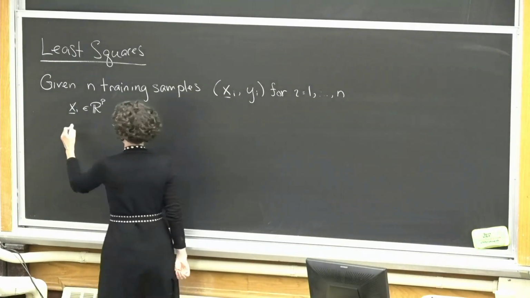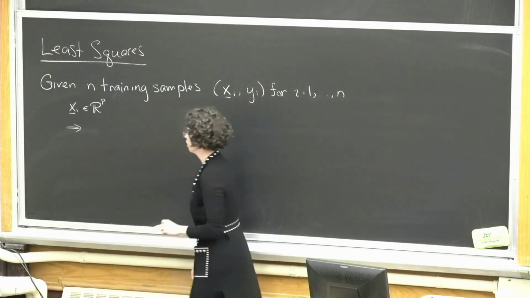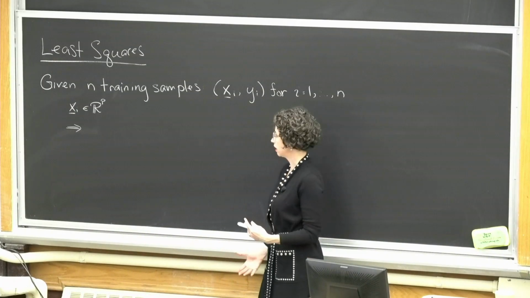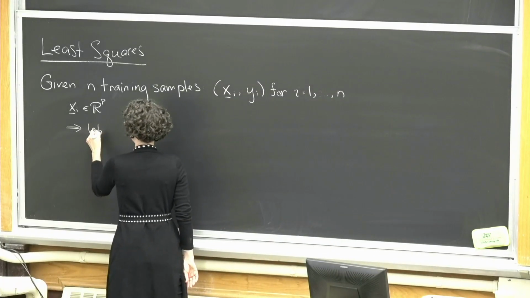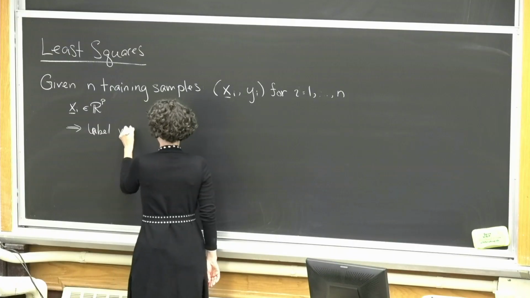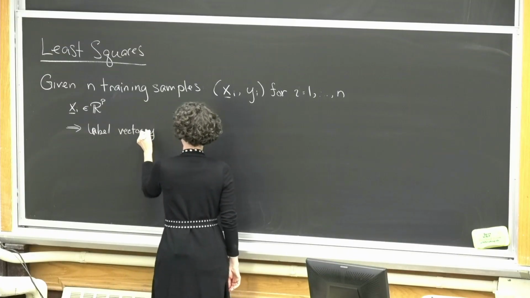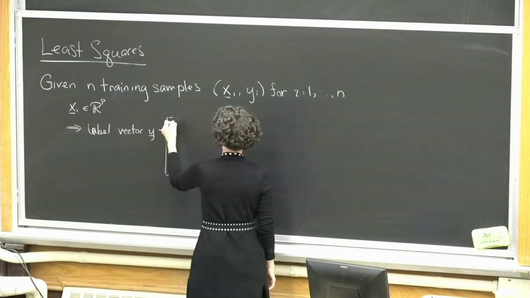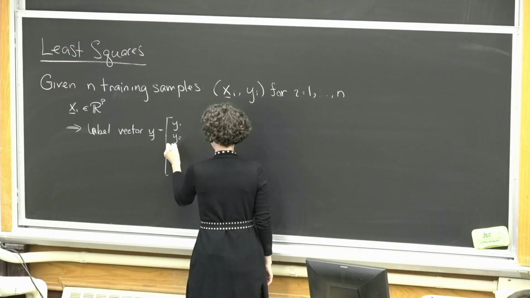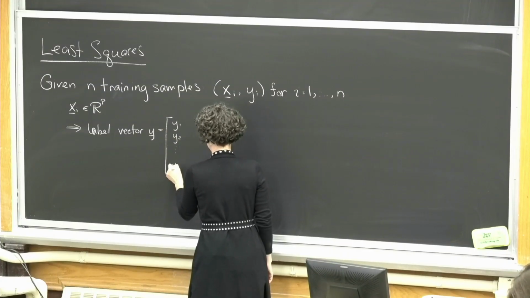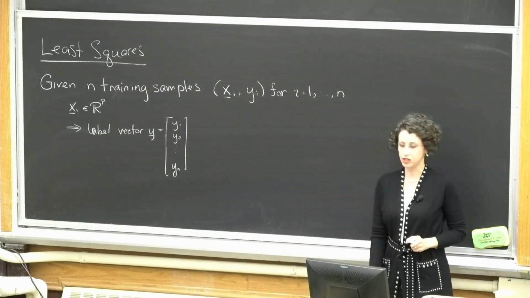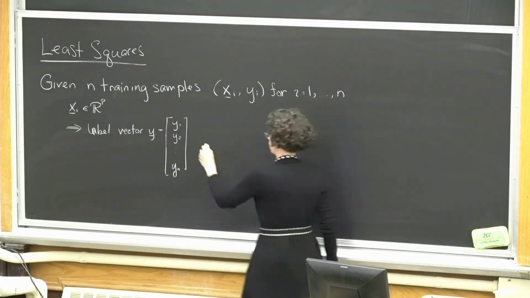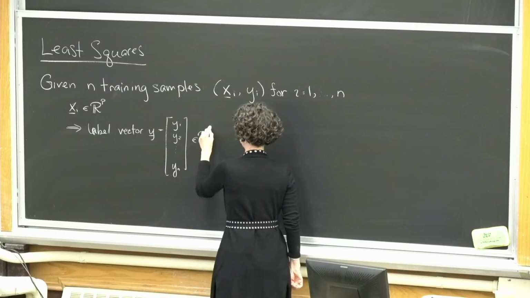And we last time talked about establishing some notation and shorthand that we're going to use throughout. So we are going to have a label vector, y, which is simply going to contain y1, y2, all the way to yn. So all of our training labels in one vector. So this is a vector in Rn.